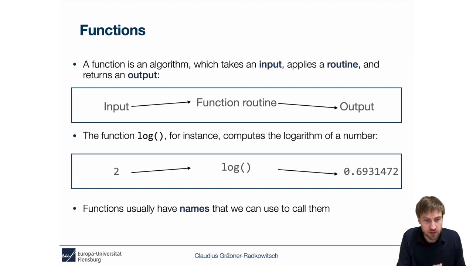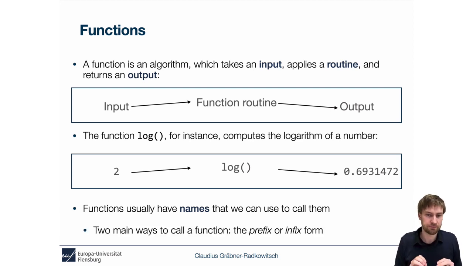As you see here, functions usually have names that we can use to call them. In the example, the name of the function is log, and there are basically two different ways we can call a function by its name, the prefix and the infix form. Now, I'm telling you this to make sense of how we've used functions so far, especially when we used R as a calculator.